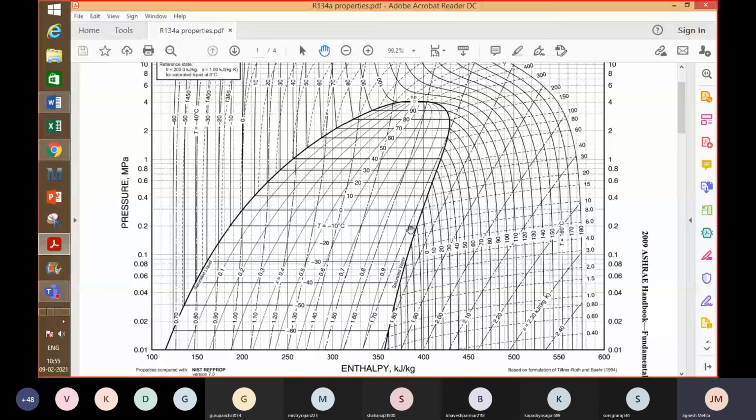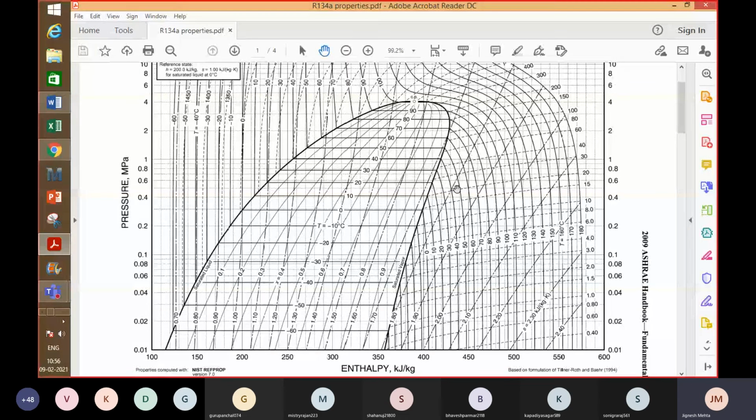And then on the right hand side, it drops like this. It's minus 10, then this is 0, then 10, 20, and so on. So if you take, let's say, this 40 line, it's moving like this, then horizontal here and then nearly vertical here. So that is the constant temperature line on the pH chart.